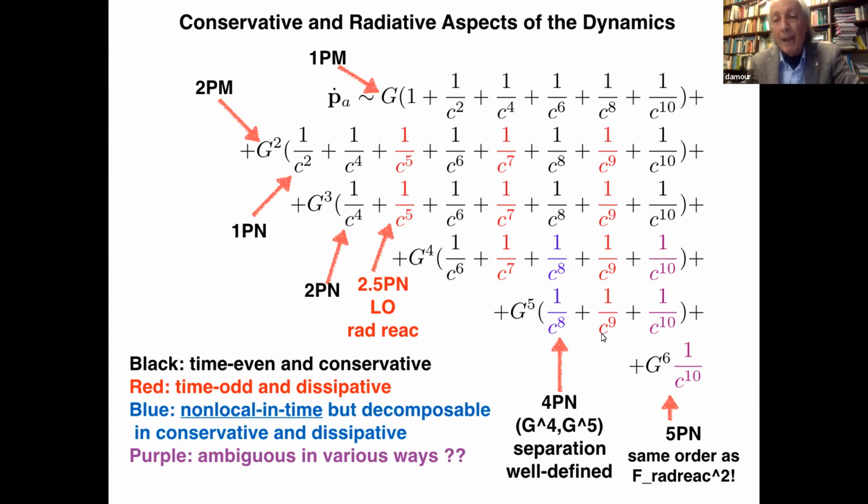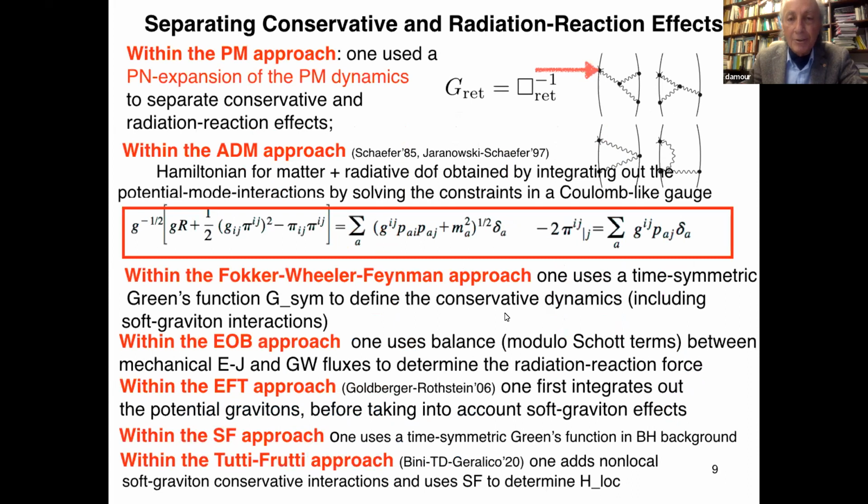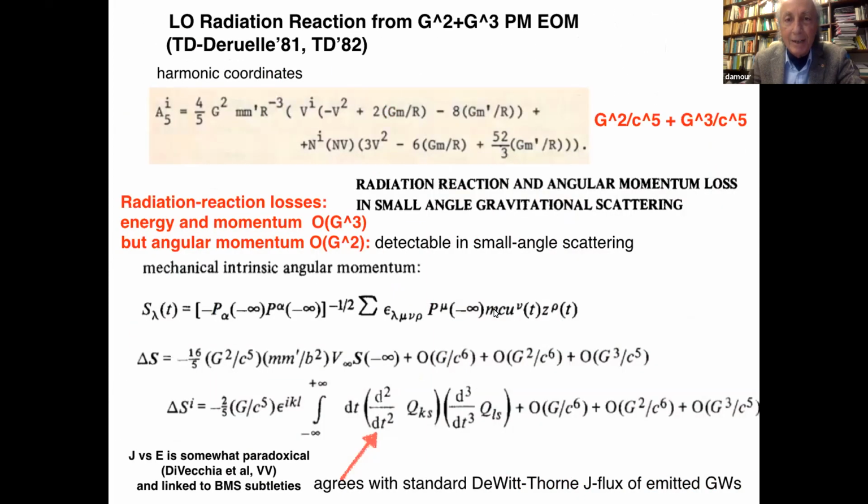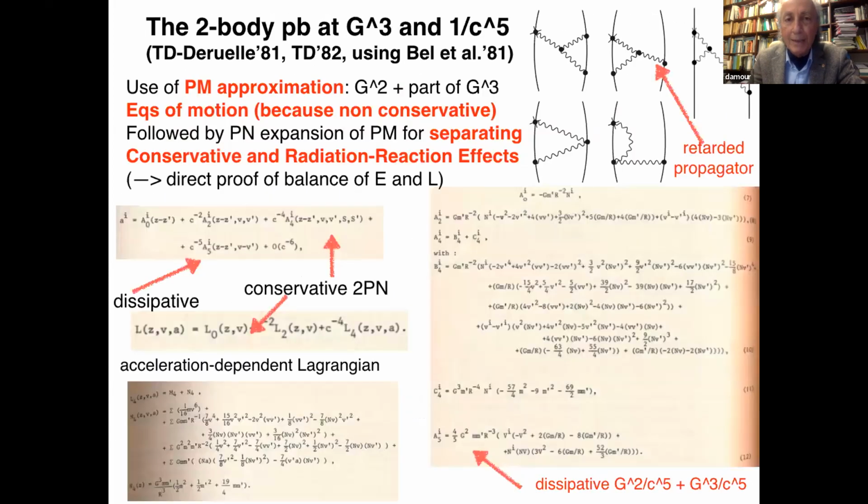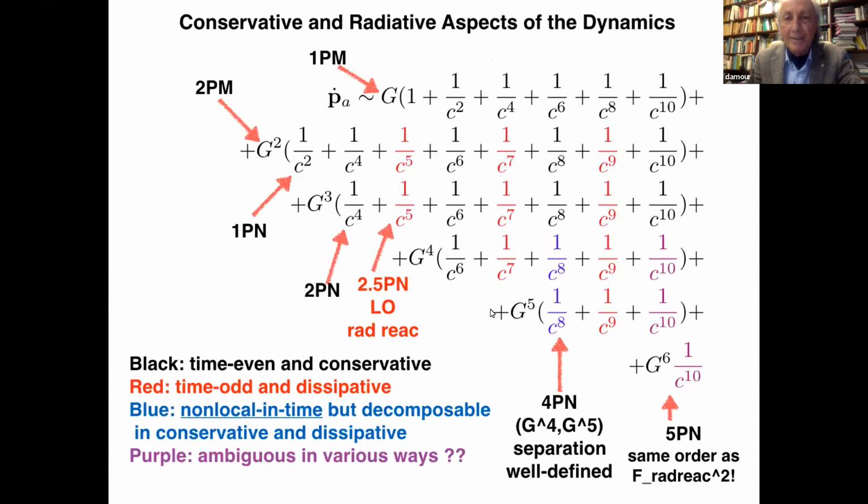Okay, but now we have reached, sorry, will I be able to go back? Yes, okay, from here. But now recently, one has reached the next level, which is the 5PN level, or 1/c10.